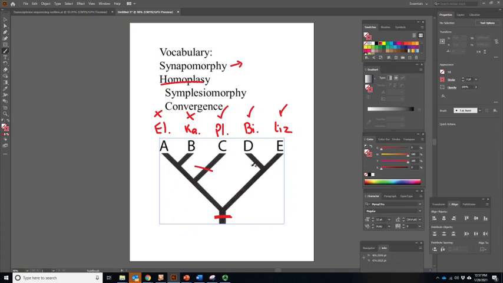Either they happened twice independently, like convergence, or they happened once in the ancestor and then were lost in some of the descendants. And so because I have to mark two or more events onto a phylogeny, that is homoplasy, either as convergence or symplesiomorphy. Okay, so be aware of those words. I understand they're somewhat similar. You just have to kind of know them, review them, and be able to recognize them in context given a phylogeny.